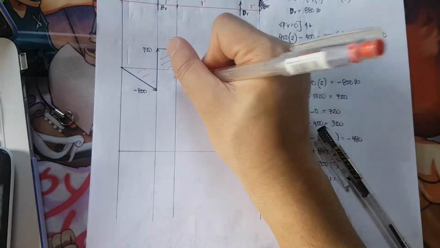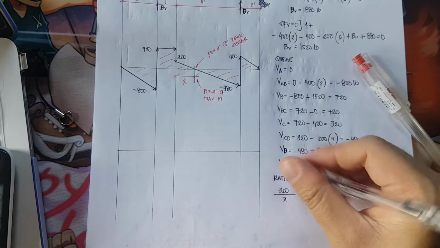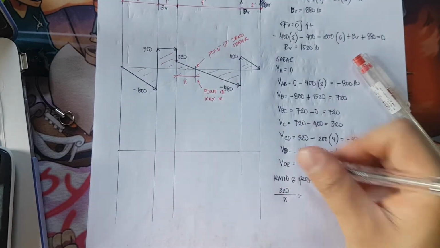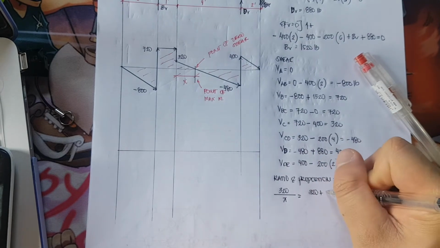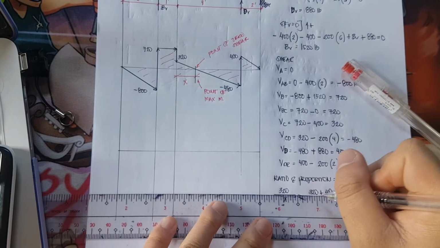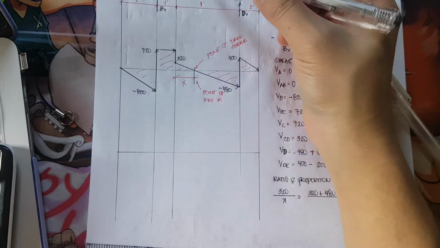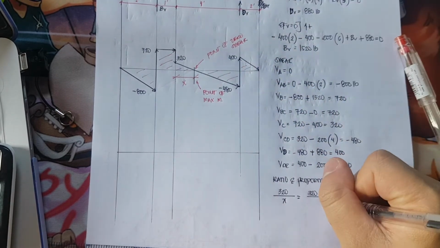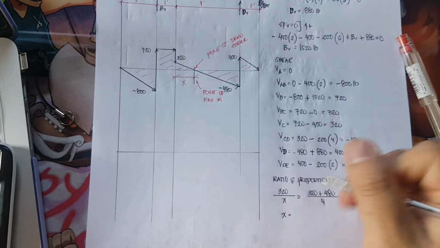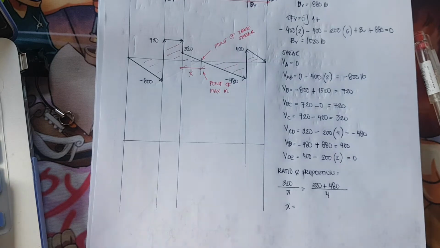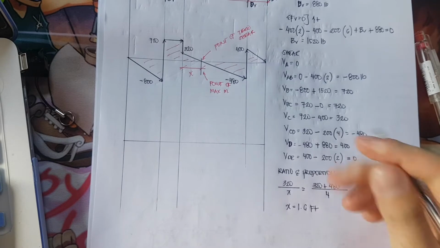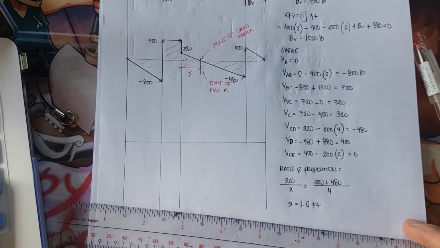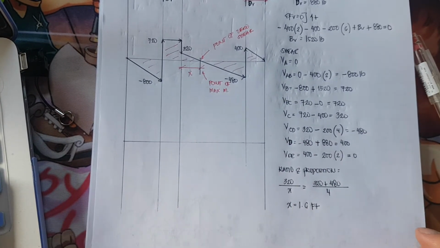So let's say this is x, is equivalent to the big triangle, which is 320 plus 480, and it has a span of 4 feet. Therefore, x is equivalent to 1.6 feet. Okay, and now I am now ready to draw my moment diagram.